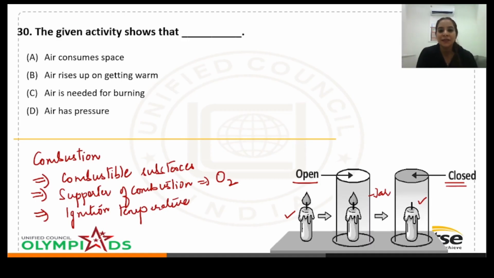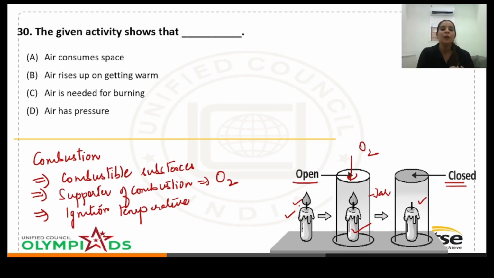Now this activity shows that when the jar is open, the candle is made of wax, and wax is a combustible substance. It is open, so it allows oxygen to come in, and it is burning. We have ignited it prior, so it is burning now, because ignition temperature doesn't have to do anything once the substance starts burning.